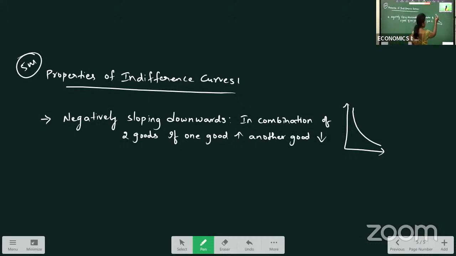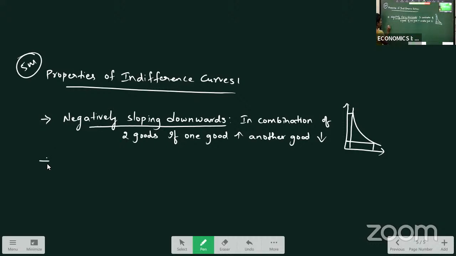See, if I have more of y, I have less of x. If I reduce one, I have to increase one. That is the reason they are sloping downwards over here, right? So why are they negatively sloping downwards? Because in a combination of two goods, if one good increases, another good decreases. That is the reason they are sloping downwards.